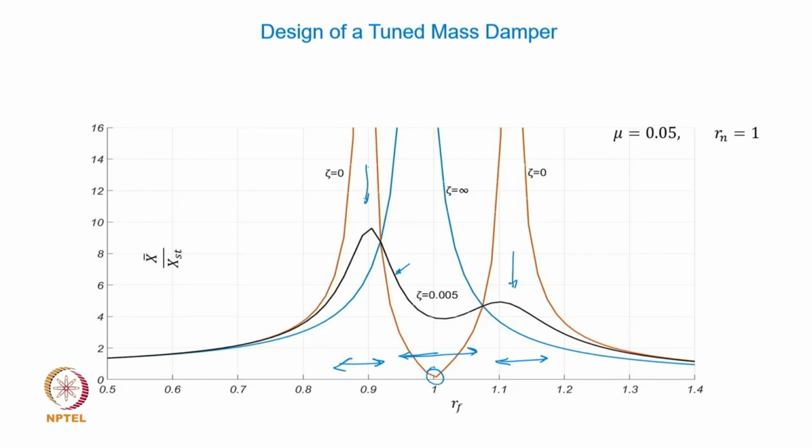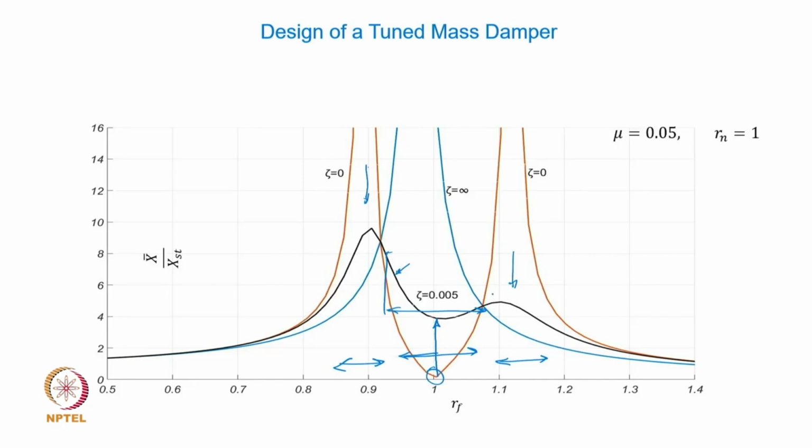What the damping has done, a small 0.5% damping has increased this 0 response to a higher value, but it allows you to operate over a wider frequency range without significantly increasing the amplitude. You have a reasonably wide range of operation.